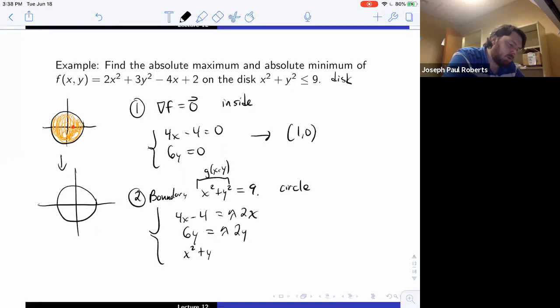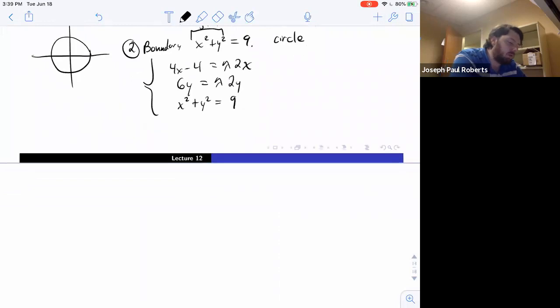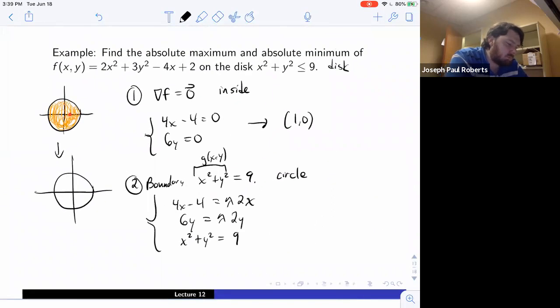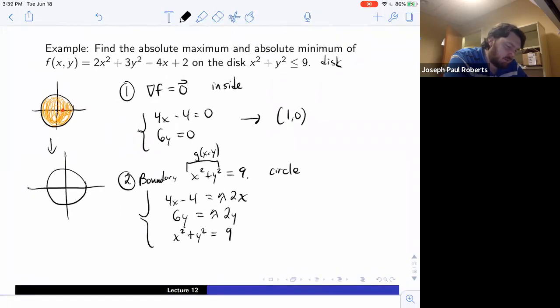And so one mistake I've seen people make in the past is to try to use Lagrange for the whole thing and put an inequality here. It's actually nonsense. So you really don't want to do that. You're not going to get this (1, 0) point if you do something like that. You can kind of get pieces of the correct answer, but you're either ignoring something or getting lucky. I really just recommend thinking about this as a two-step process. Step 1, your gradient of f is the 0 vector.